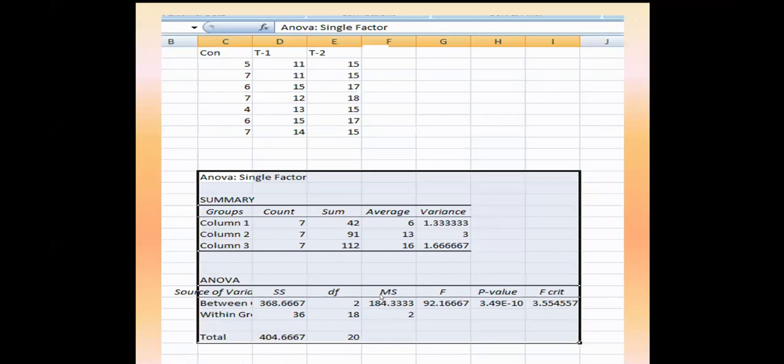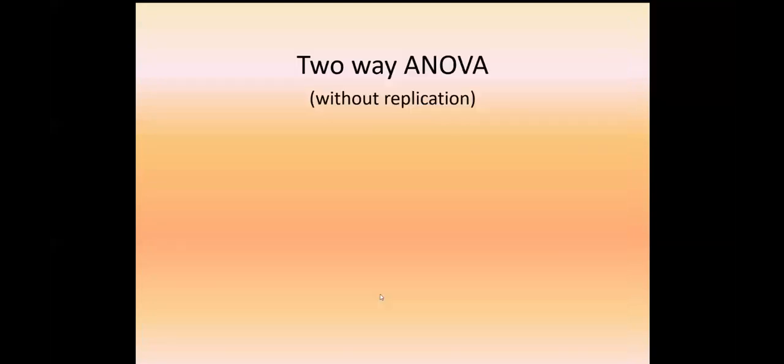Now I'm going for the two-way ANOVA, because up till now I was explaining about one-way ANOVA. We are going to learn two-way ANOVA. This two-way ANOVA could be of 2 types. One is without replication, and the other one is with replication. So let us see what this means.